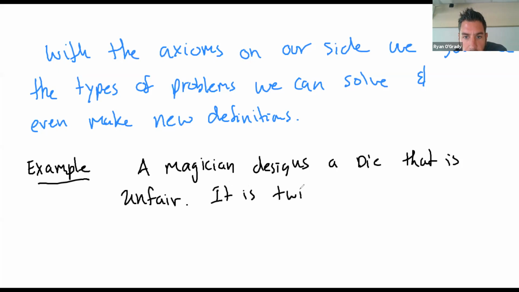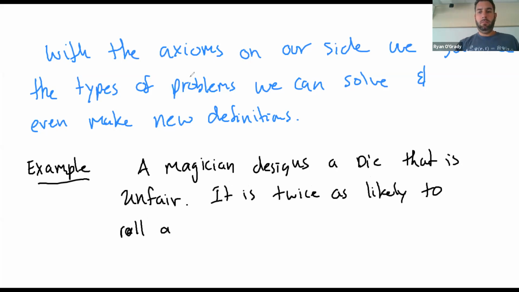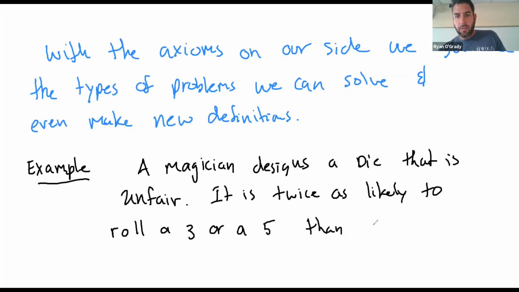It is twice as likely to roll a 3 or a 5 than 1, 2, 4, and 6.